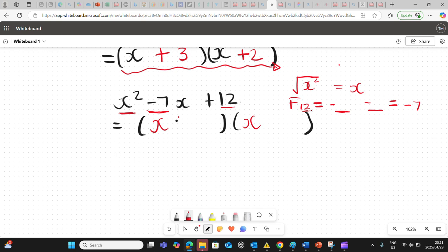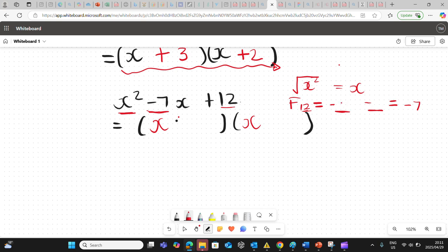So think to yourself, what are these numbers? I could multiply a negative 2 and a negative 6 to get a positive 12, but are these going to add to give me a negative 7? No. I could also multiply a negative 3 and a negative 4.